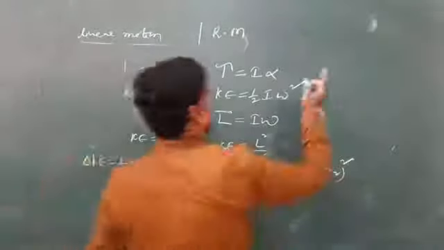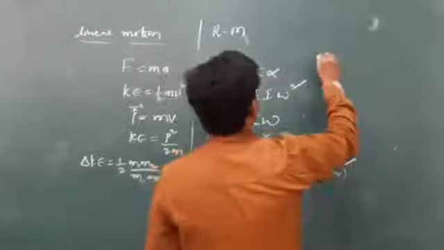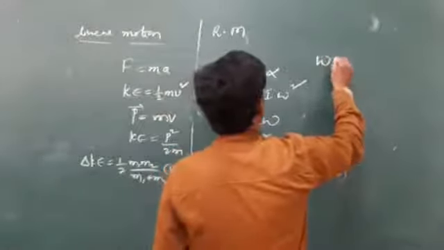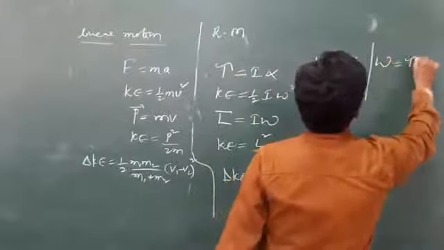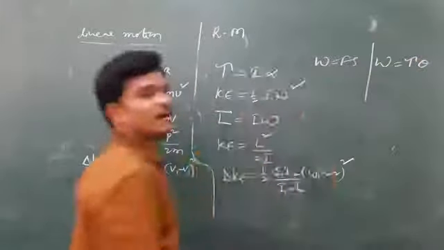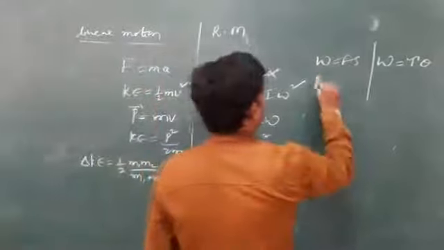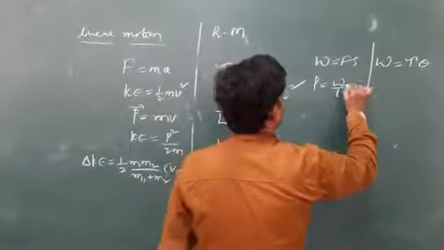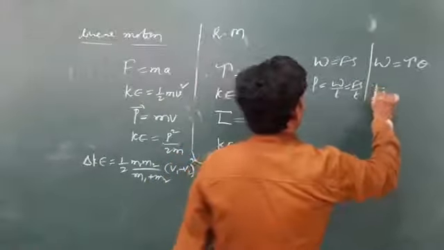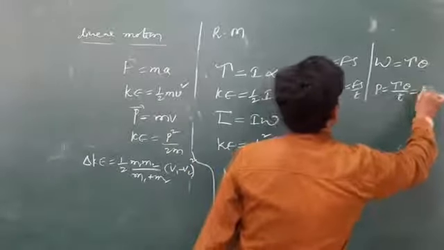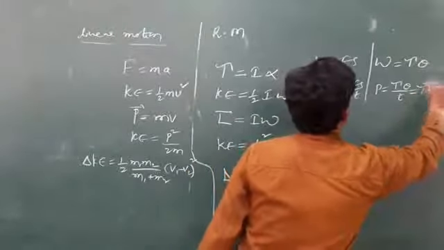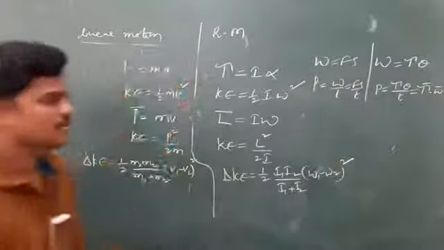And power, work, power, everything we can write. So W is Fs in the previous chapter; F is nothing but tau, S is nothing but theta. Power is work by time, Fs by T. Now here tau theta by T, tau dot omega. You will get the power.